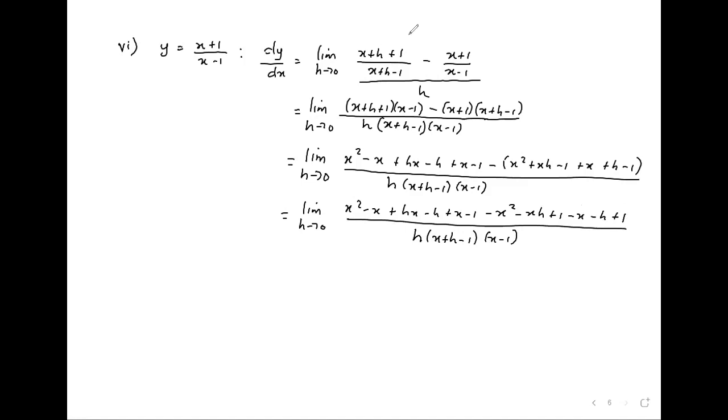Then now you notice that this minus x and this plus x, they'll go. This x squared and that minus x squared will go. What else? This hx and the minus hx will go. And then minus 1 and plus 1.